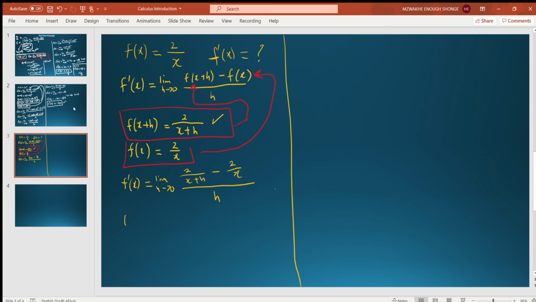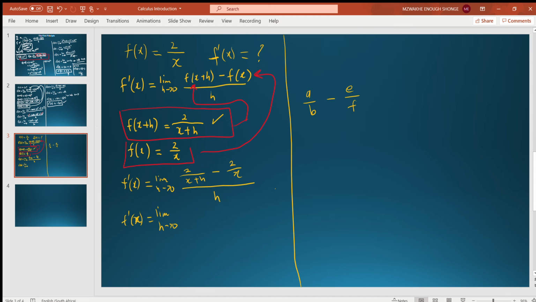Then you're going to simplify. f prime of x equals the limit as h tends to 0. How do you simplify this? I'm going to give you the easiest way to simplify this. Say you had a over b minus e over f. How will you simplify it?